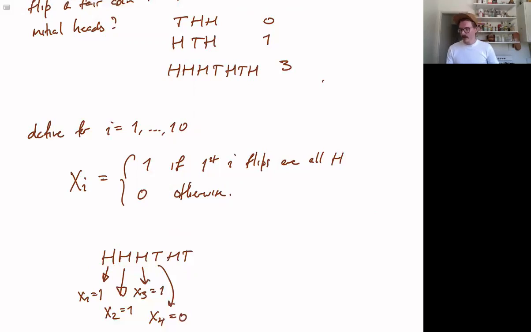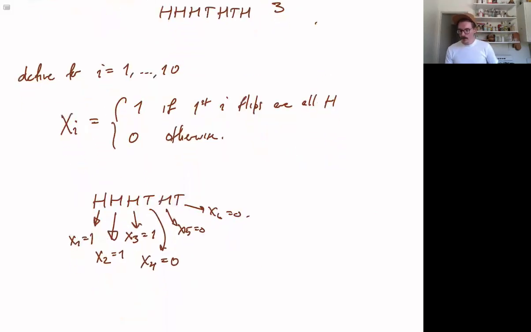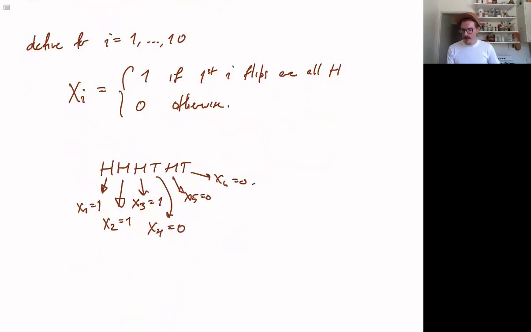Since we're considering all of the first that many flips being heads, as soon as we get a tails, they're all going to be 0. Hopefully that illustrates that these are exactly measuring the number of initial heads. We get 1s for each initial head and then 0s afterwards.